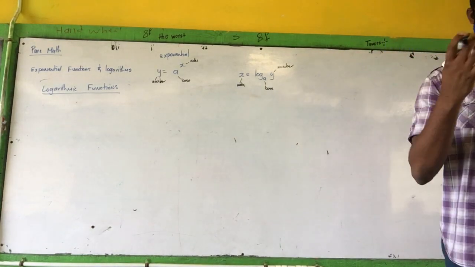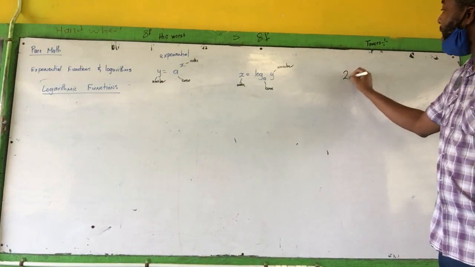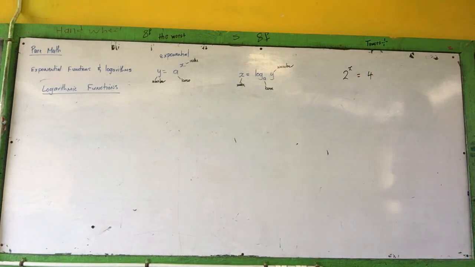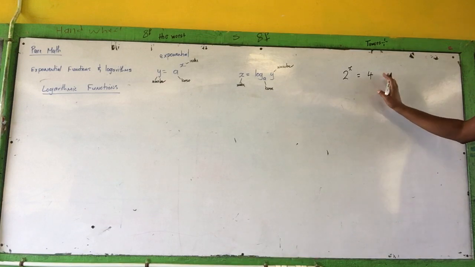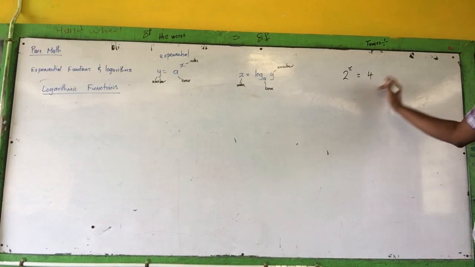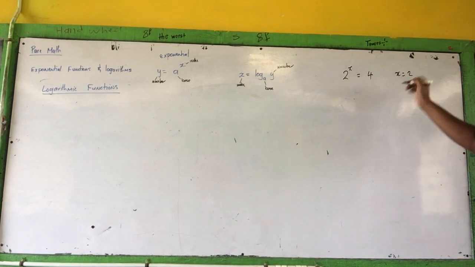So how do we use this? Typically, let's start with a simple example. We know that 2 to some power x can equal 4, right? And we solve this without a calculator by rewriting both sides with the same base and equating it. Good? And we know the answer to this is x is equal to 2.